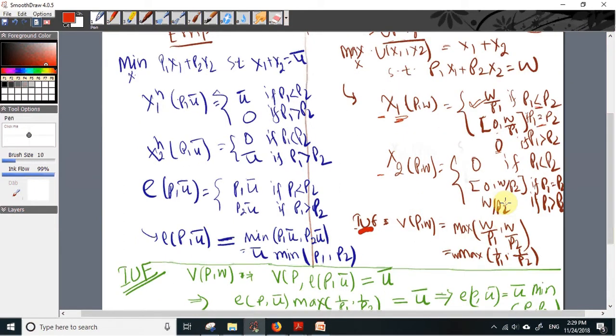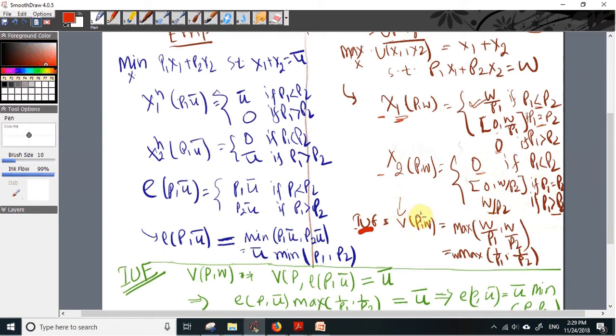Similarly, for the x2 commodity, if P1 is smaller than P2, the demand for x2 will be 0. If the prices are equal, he can purchase any quantity from 0 units to W over P2 units. And if P1 is greater than P2, he will spend all his budget on the second commodity, and the demand for the second commodity will be W over P2.